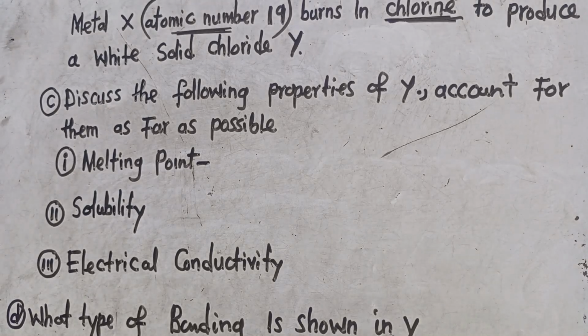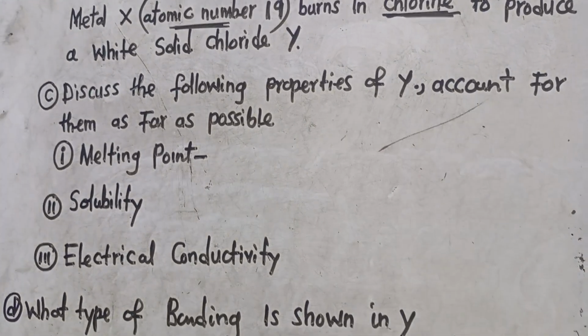So what is its melting point? This is a group 1 metal that is reacting with a group 7. What we are forming is what we get to call an ionic bond, because this is formed between a metal and a non-metal.